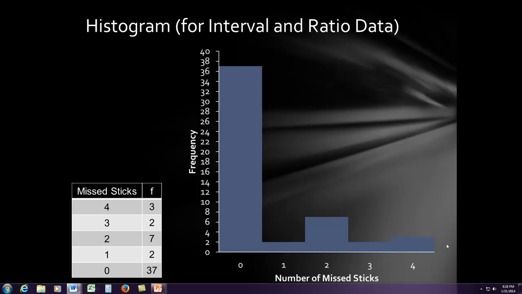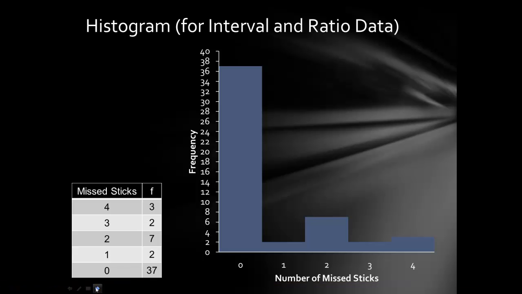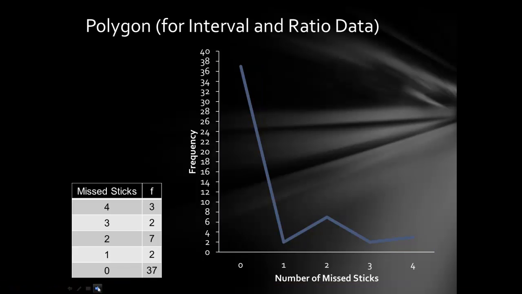Now, the next one that I want to show you is a polygon. And it's really useful for detecting shape, which I'll talk about here in a little bit. And it's just like the histogram, only you'd use lines instead of bars. So an easy way to do this is to put a dot at the height that represents the frequency for each different category. So dot here, dot here, dot here, dot here, and then just connect them with a line.